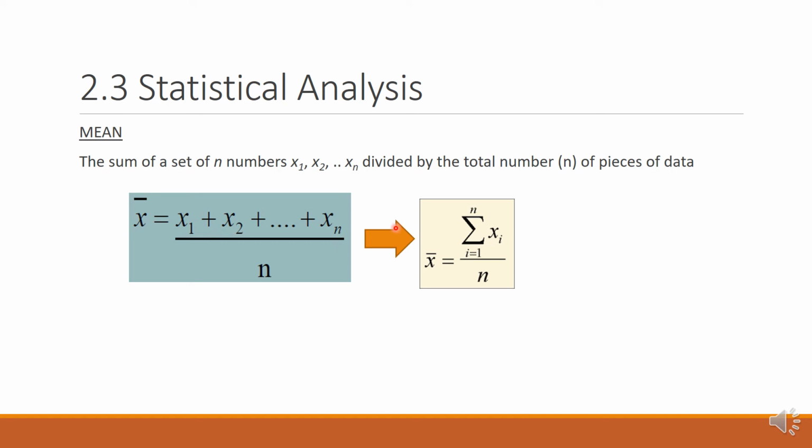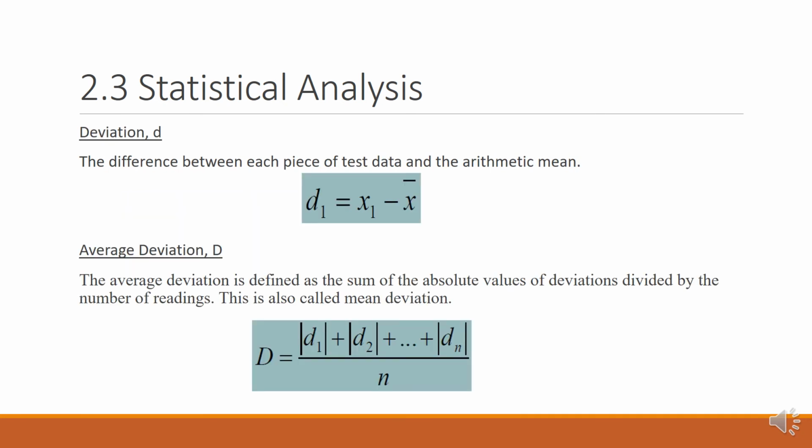In mathematical symbols, you have x bar equal to summation of xi over n. N is the number of your repeated measurements and xi is the value of your measurement.